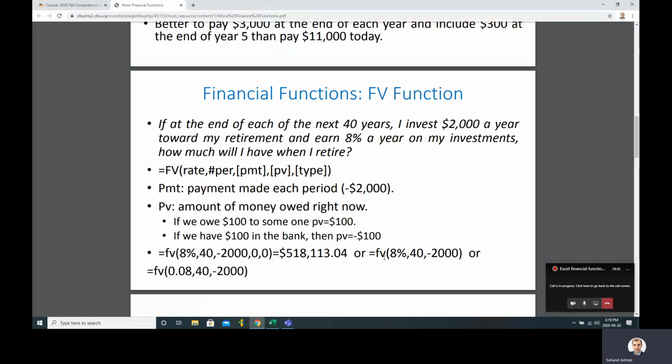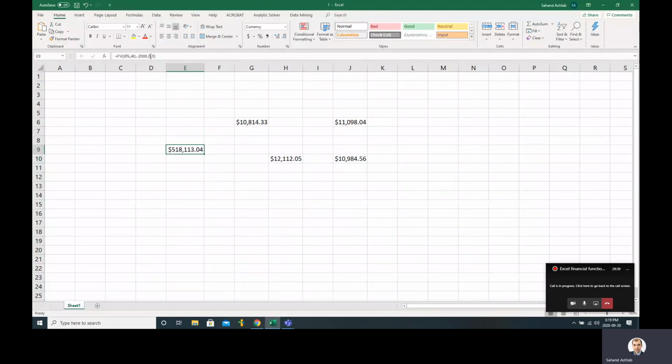I have done this 2 different ways to show you that there would not be a difference. Here, as you see, we typed in 2 zeros. They're the default values. We would have got the same $500,000 investment after 40 years without putting those 2 zeros. As we have discussed, when those 2 zeros are the case, as they are the default case, we can just leave them blank.